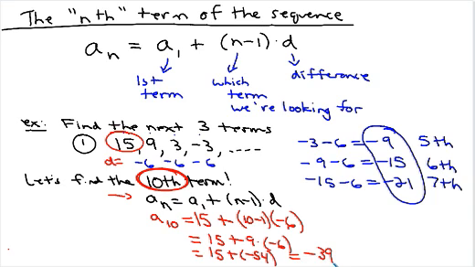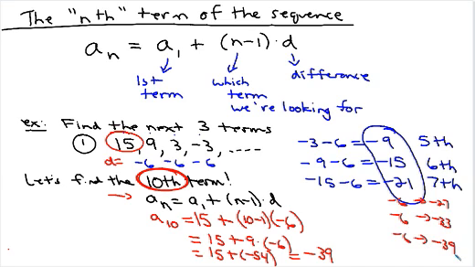And that's the 10th term of the sequence. All right? And if we would have kept counting over here, look, minus 6 is negative 27, minus 6 again is negative 33, minus 6 again, there's my negative 39. It works. The formula works.